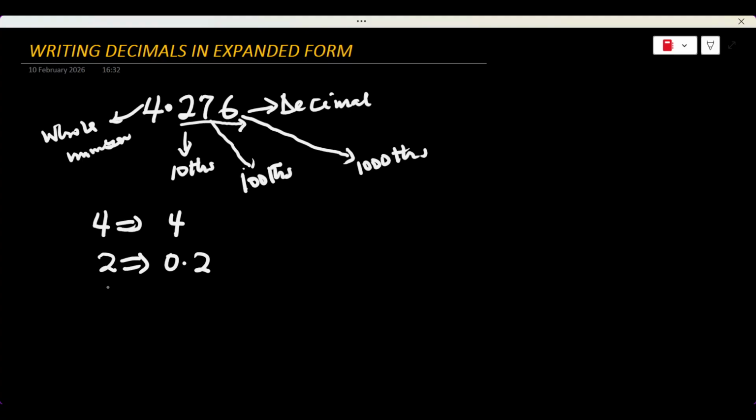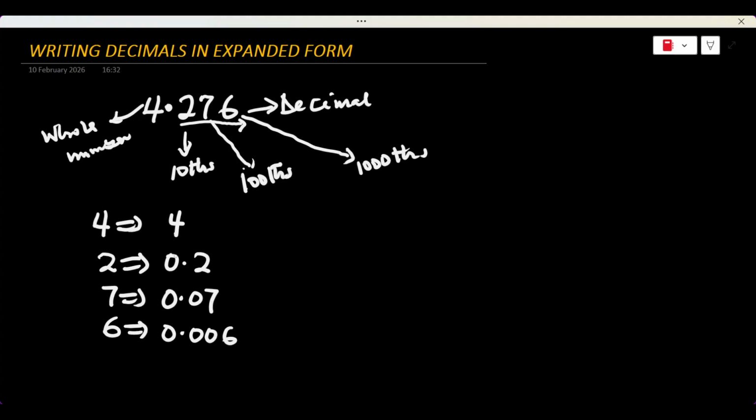Then the next number is 7. This 7 is in the hundredths place. You write it as 0.07. And then the last digit is 6. In numbers, we write it as 0.006. I hope that is clear.